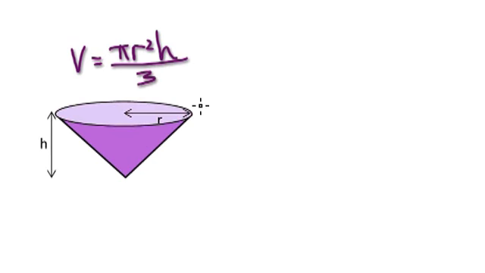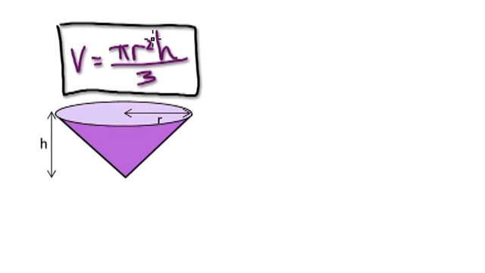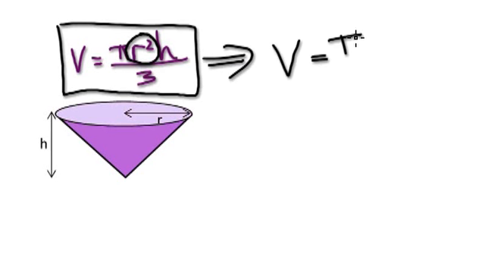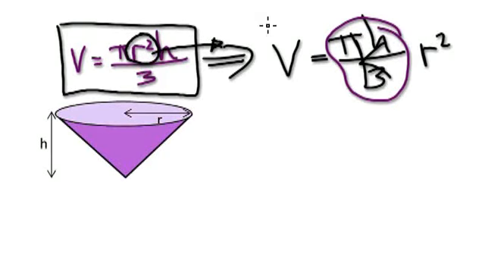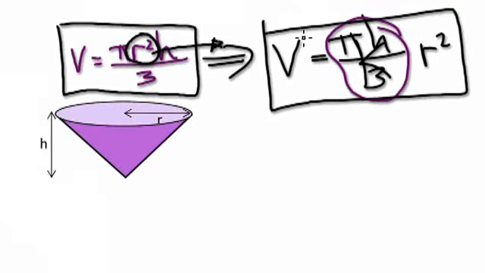As it stands, if you were to isolate this radius, it becomes this. V equals pi h over 3, and then if you were to pull out that r squared, it will become this. Now, if you were to call this k, you see what's happening here is that you've got this.